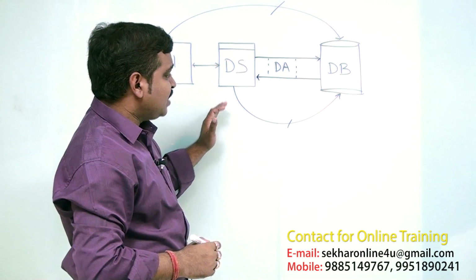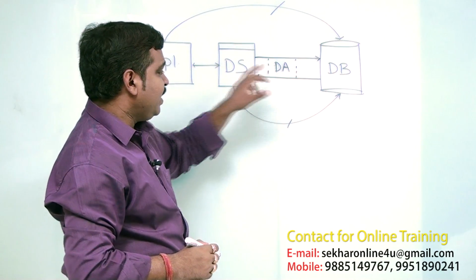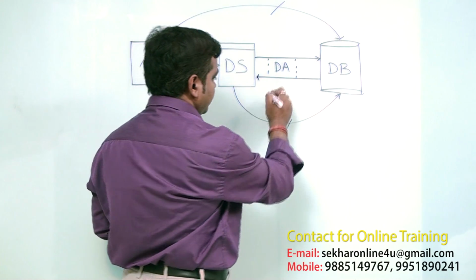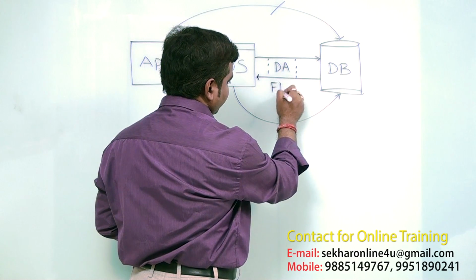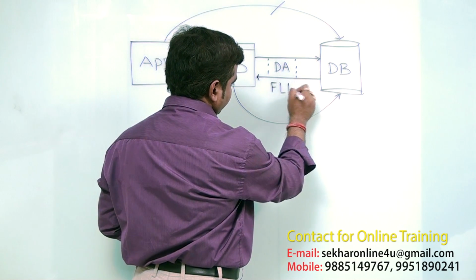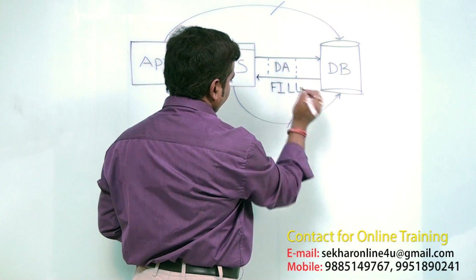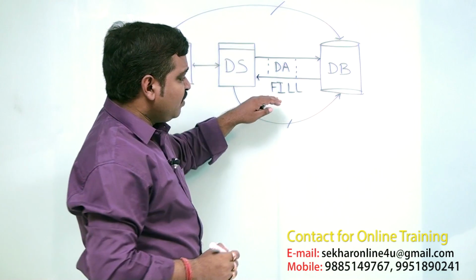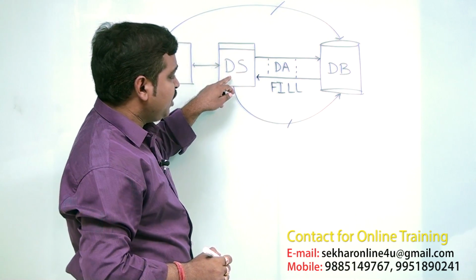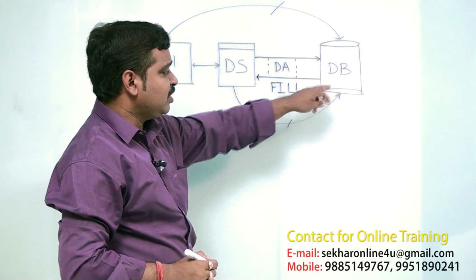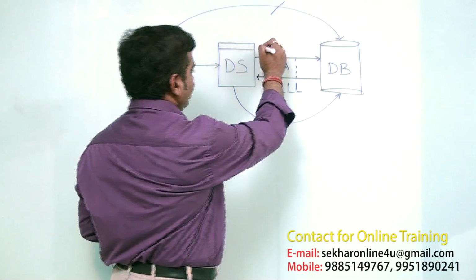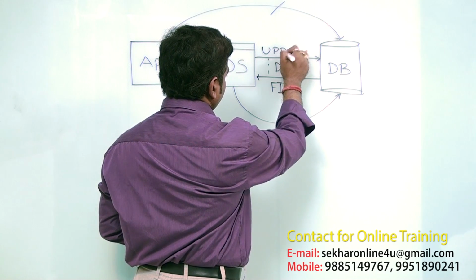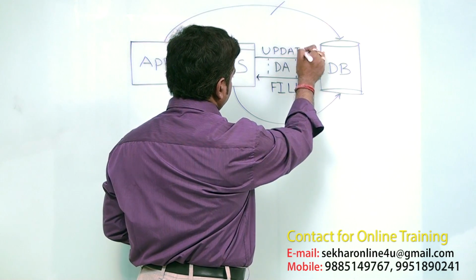When I pass the information from the database to the data set, we call that fill. And whenever we pass the information from the data set to the database, we call it update.